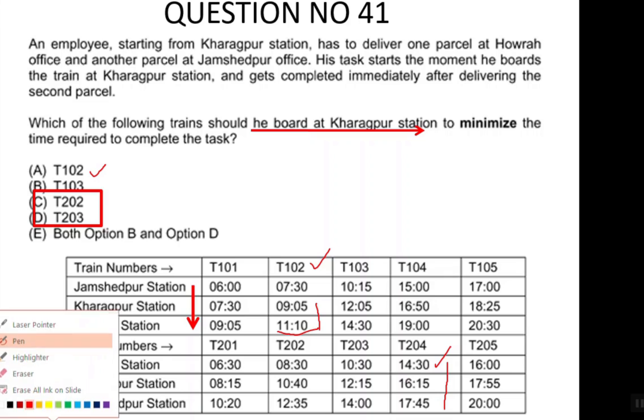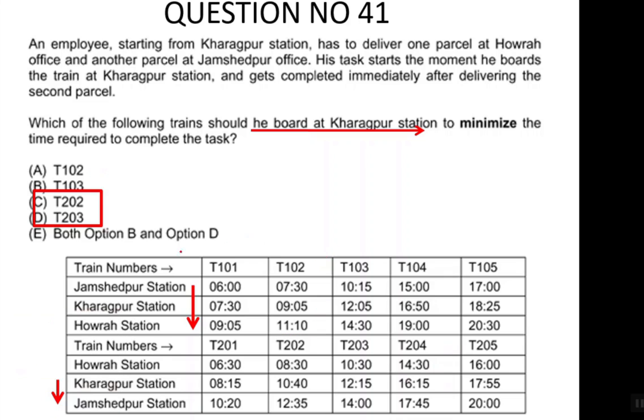For example, if we are talking about option C, that is T202. If he takes train number T202, where he is boarding from Kharagpur station, then he will be boarding at 10:40. He will be reaching Jamshedpur station at 12:35, and then he will be dropping the parcel in 1.5 hours.